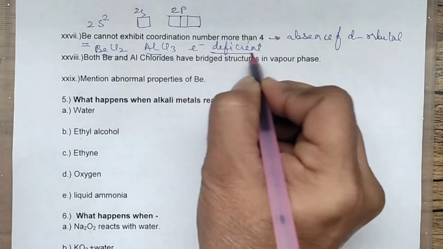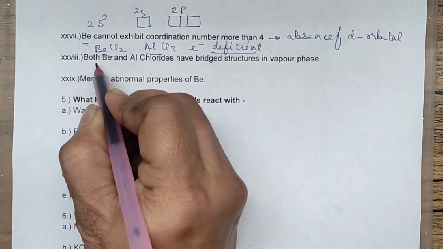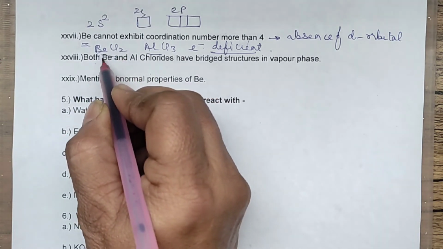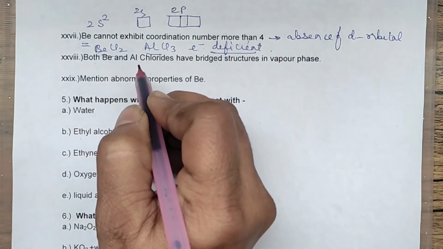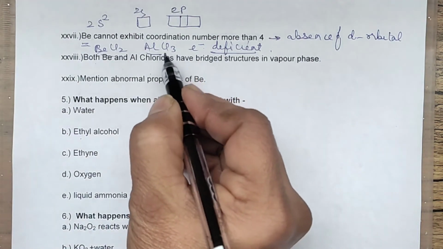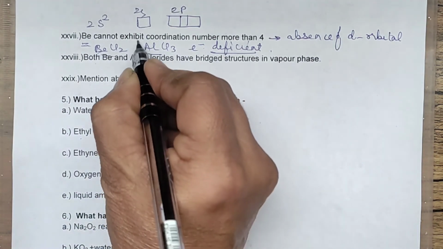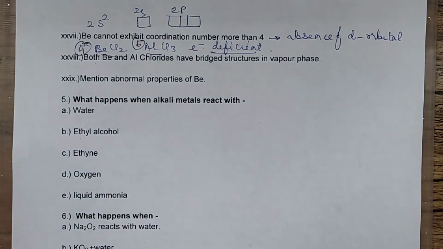Their octet is not complete. You can just see beryllium has 2 valence electrons, 2 it is getting from chlorine. So it is having maximum 4 in the valence shell, and aluminium has 3 in the valence shell, and after that it is getting 3 from chlorine. So it is having 6 in the valence, and this is having 4. So their octet is not complete. So as to complete the octet, they are always found in the bridged structures in the vapor phase.